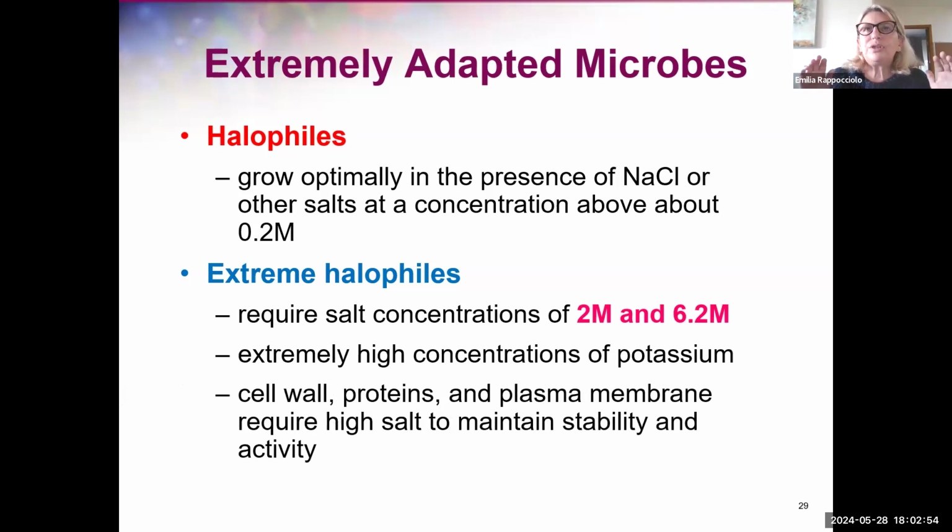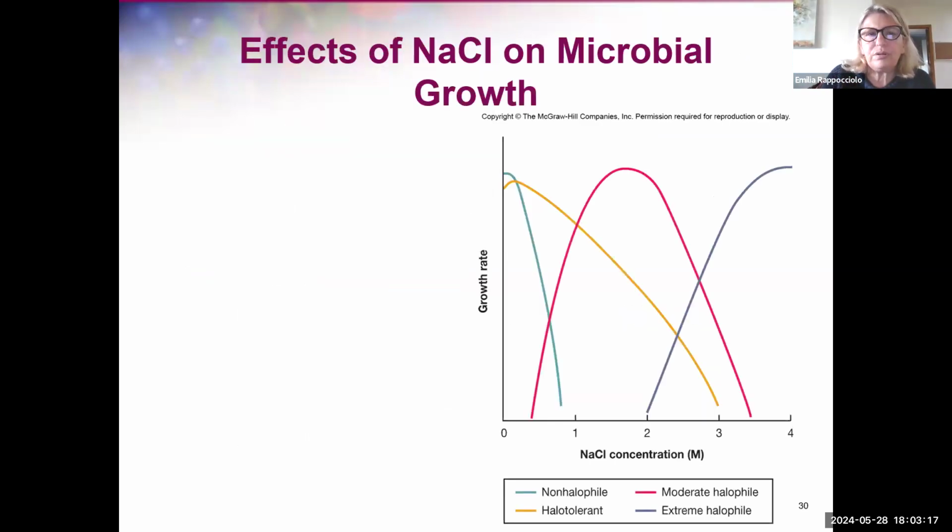And almost every part of the cell is modified for dealing with the salt. So the cell wall, the protein, the plasma membrane are all adapted to this, and they need the salt. The cell has made it so that the salt is almost part of the cell structure. Yeah.